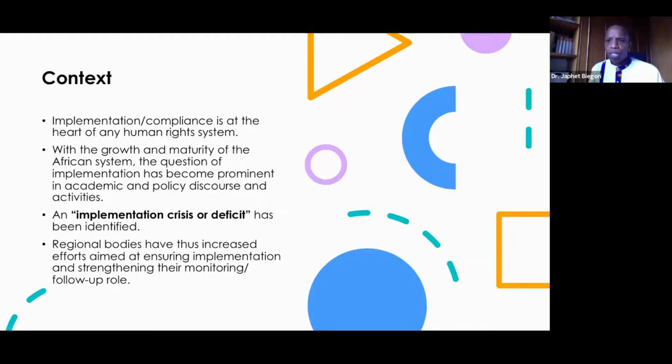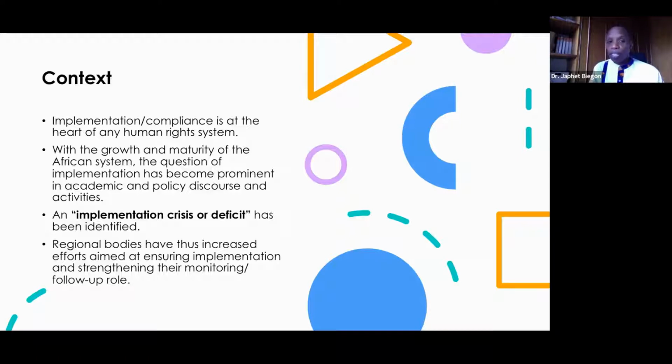Of course, these findings are dated today, but as we will see later, the African Court, for instance, says that only Burkina Faso has complied fully with its decisions. The rest of the countries have either partially complied or not complied at all, and others have said quite brazenly, quite openly, that they will not comply. So there is an implementation crisis within the system.